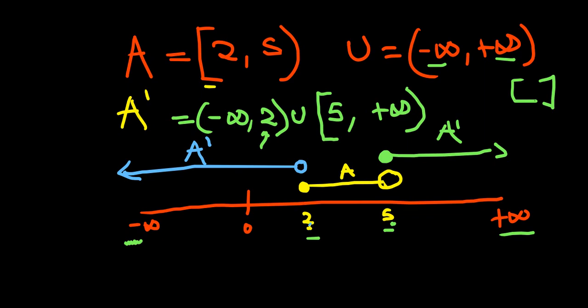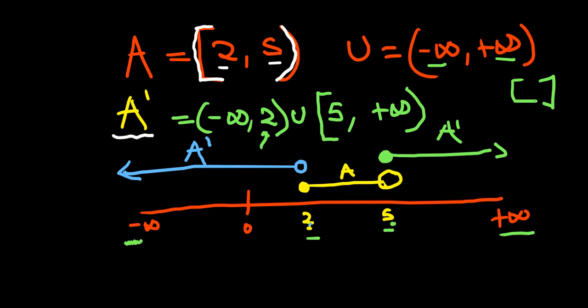In this example, we're trying to find the A complement. I gave the set A as the set starting from 2 all the way up to 5, with the 2 being included because we have a square bracket like that. Then this 5 here is not included. So we want to find this A complement.